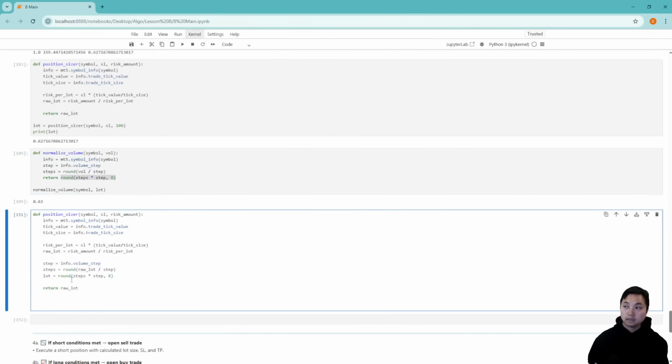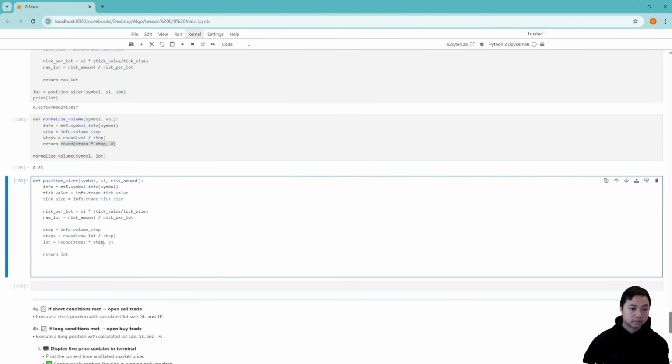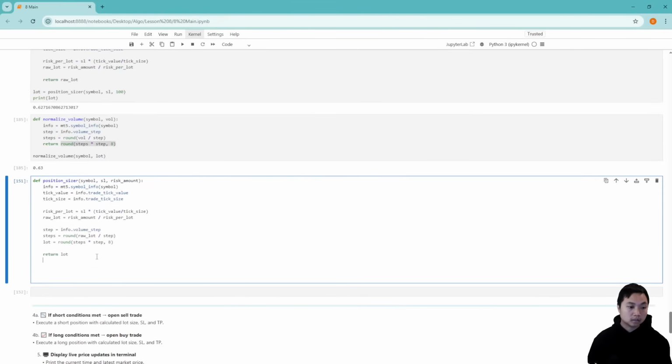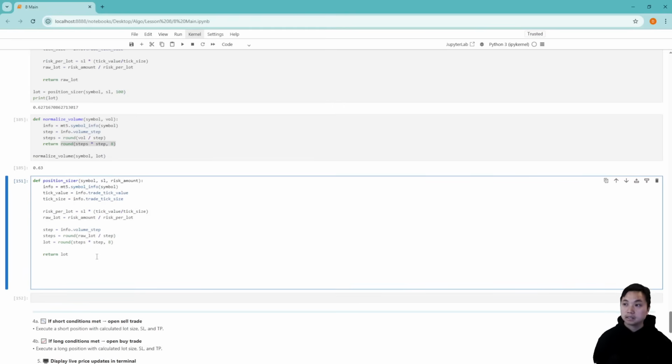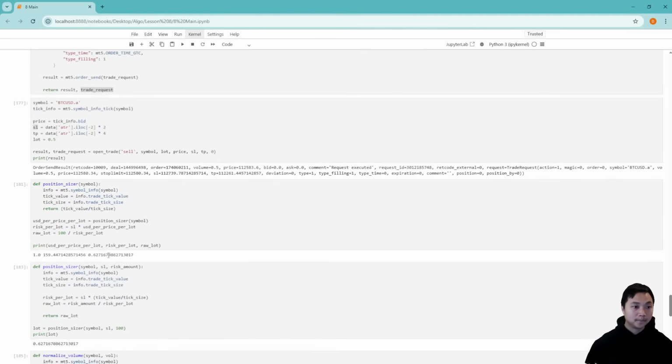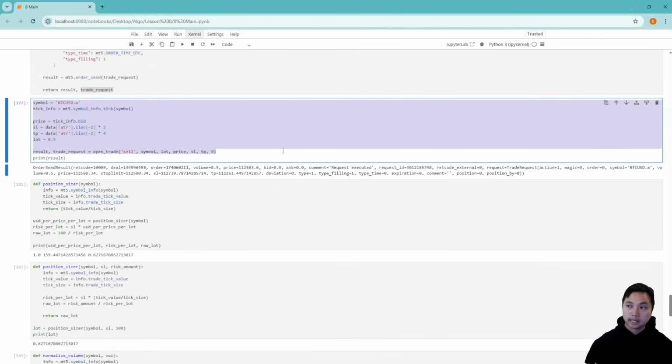Then the steps times the step, round off to the decimal place, and then return the lot. Let's test this function a little bit. Let's use these examples again.